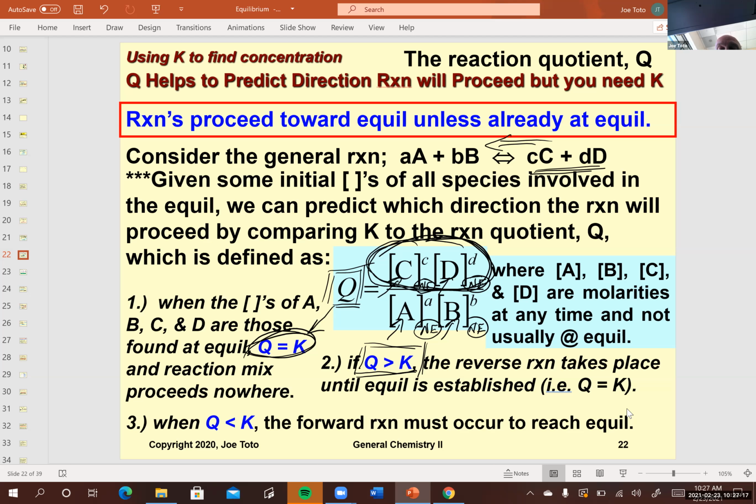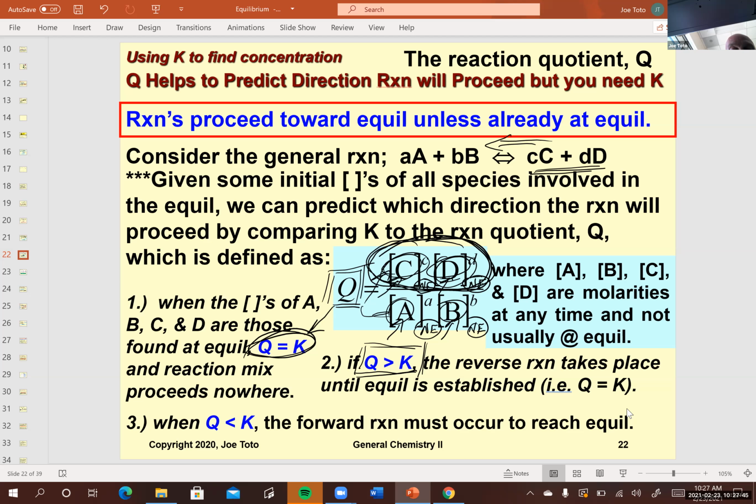So when Q is greater than K, the numerator, which contains the products, is too great. I need to reduce the amount of products relative to the amount of reactants. And when that reduction takes place, then equilibrium is reestablished. That's where all reactions are going towards equilibrium.